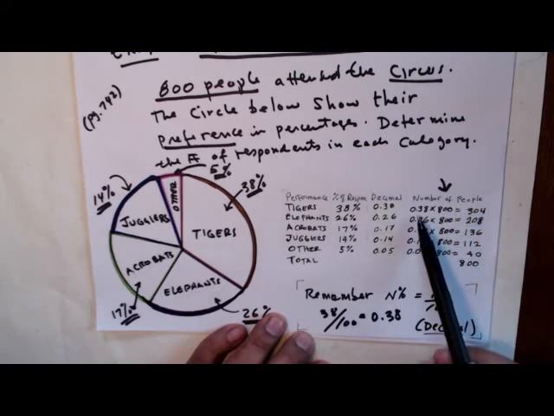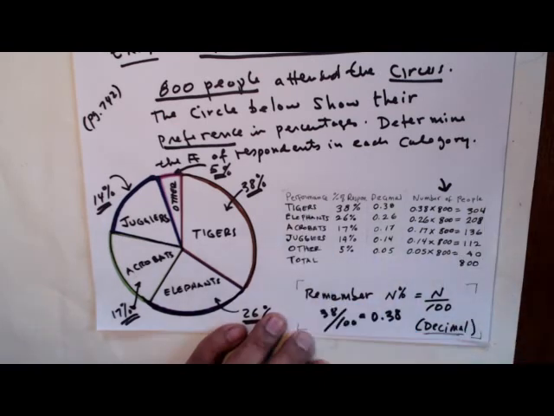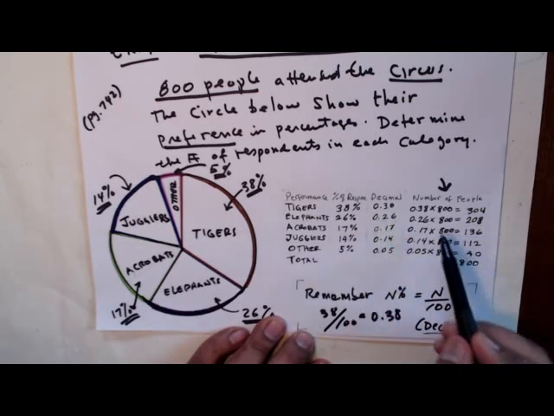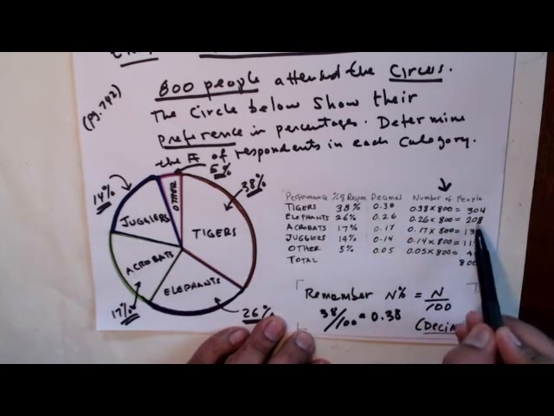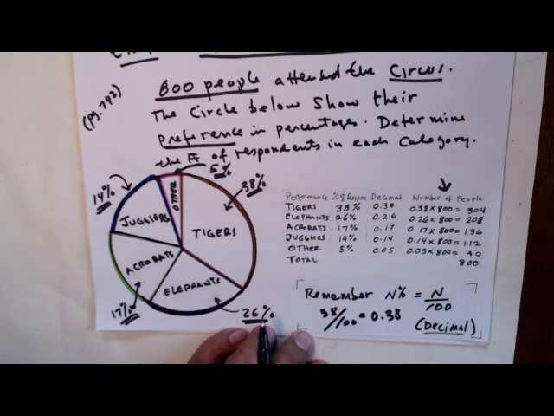So in this example, we have 0.38 times 800, 304 people liked the tigers. The elephants, we have 26%. The decimal is 0.26. We multiply by 800, we get 208 people that like that performance.